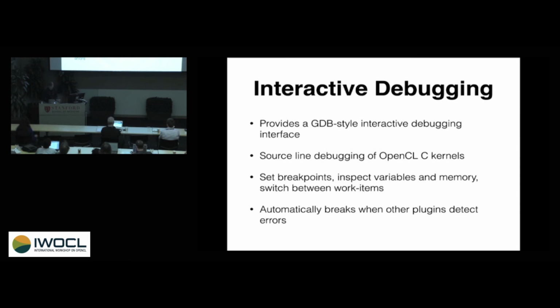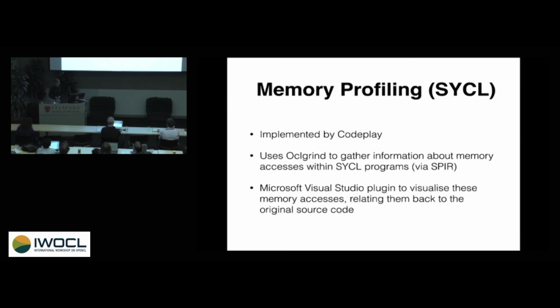So the final example that I'm going to look at in any detail I quite like because it's one that wasn't implemented by me. This is done by our friends at CoPlay to do with SYCL, which we've already heard quite a lot about. What these guys did was to take Oclgrind and use it to gather some information about memory accesses within a SYCL program, logging when work items were reading and writing to memory.